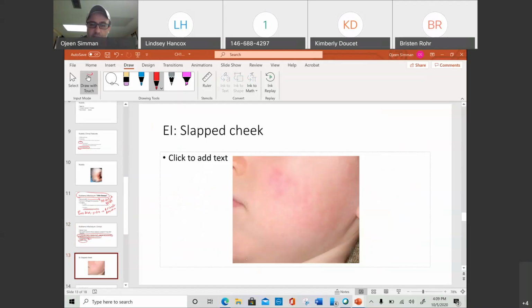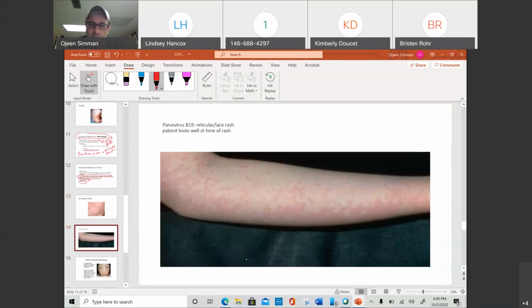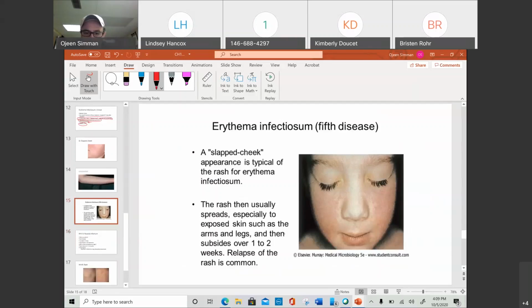This is the slapped cheek appearance of fifth disease, and this is the reticular rash that appears. Again, the slapped cheek appearance typical of erythema infectiosum, known as fifth disease.